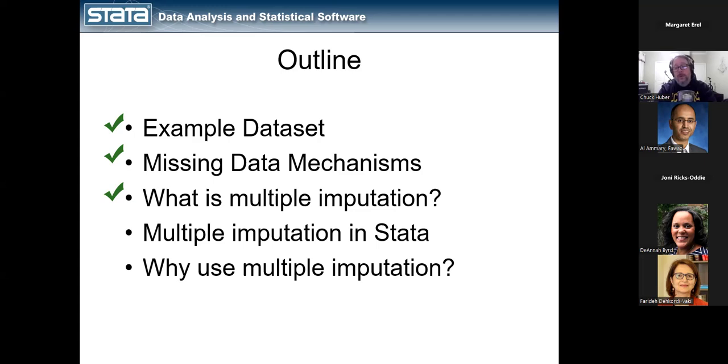The other two, missing completely at random and missing at random, the only thing I'm aware of, and someone please correct me if I'm wrong or if you know of other cool modern tricks that I'm not aware of, for differentiating between completely at random and missing at random is that little logistic regression trick, where you basically create an indicator for missingness and then fit a logistic regression model and see if other variables in the data set are related.